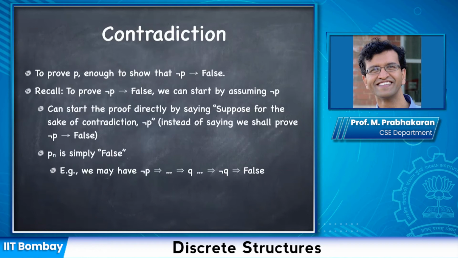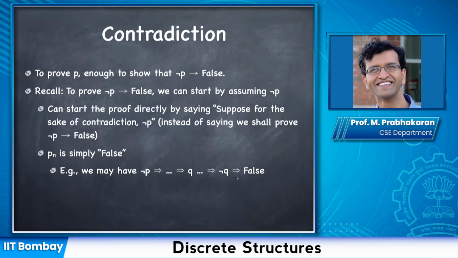Okay, so that's the last statement you're aiming to get to in your sequence of propositions in your proof. So your proof might look something like this: not P, and then you derive some bunch of propositions. Along the way you got some proposition Q, you kept going, and you got another proposition not Q, and once you have this Q and not Q, they together yield false. Q and not Q implies false.